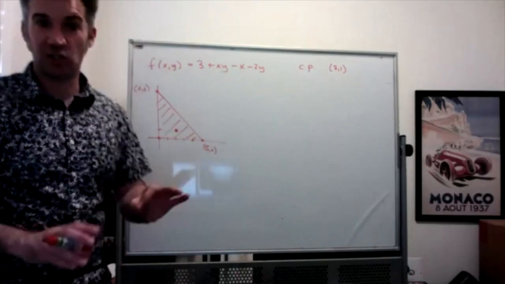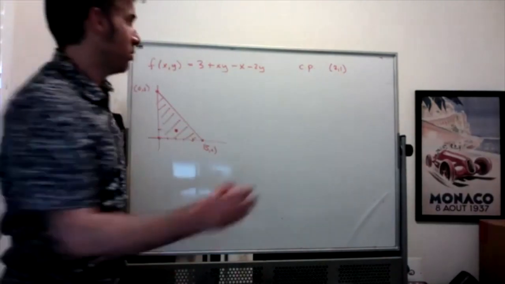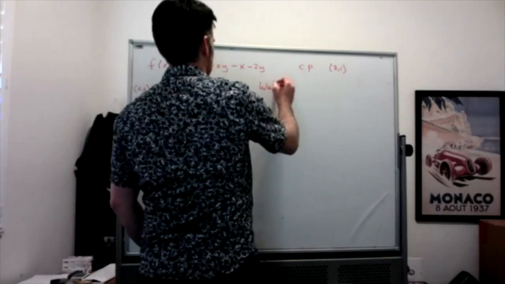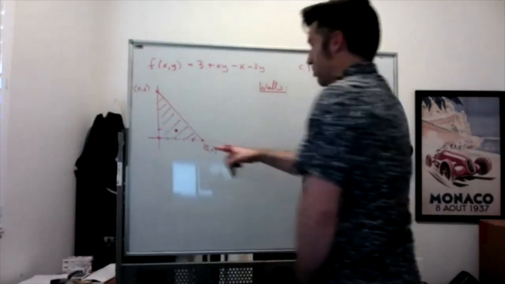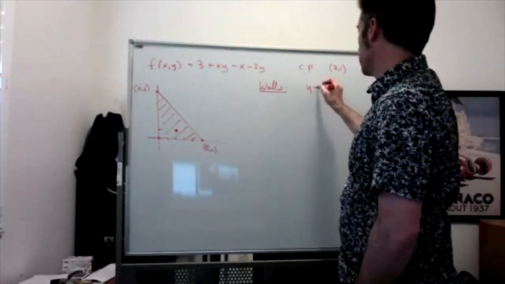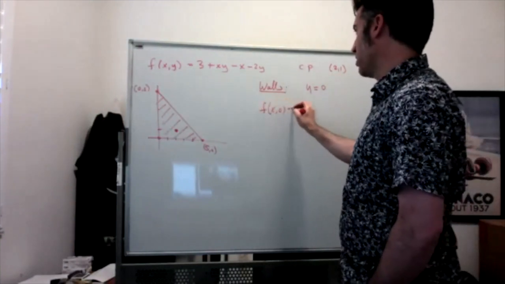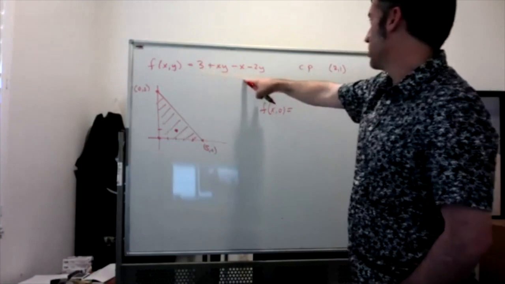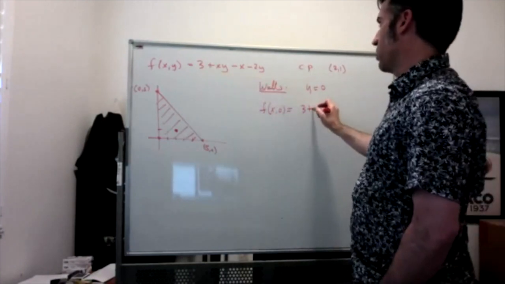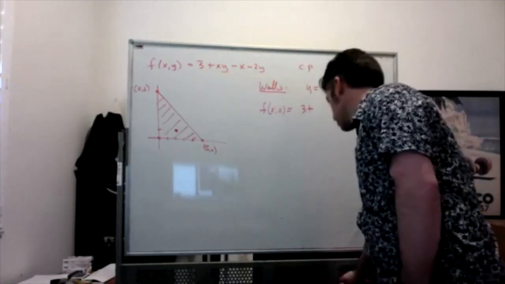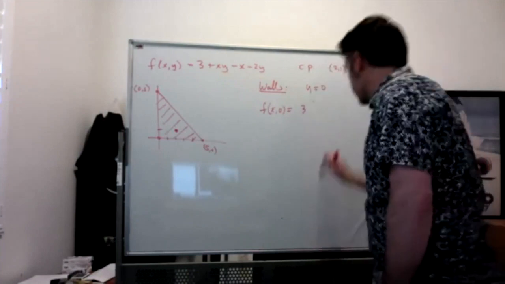But what I really want to talk about is testing the walls. The walls are kind of the hardest part. So we've got the wall y equal to 0. I'm going to do f of x comma 0, plugging in 0 for y, so I get 3 minus x.